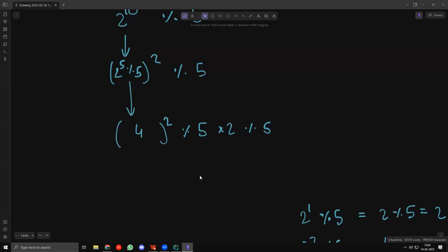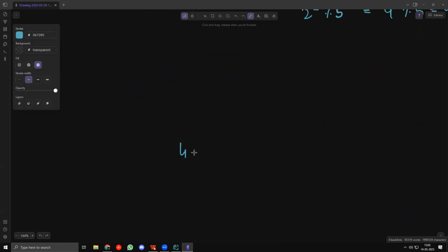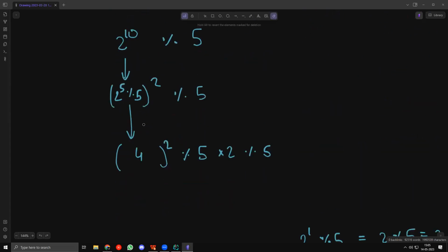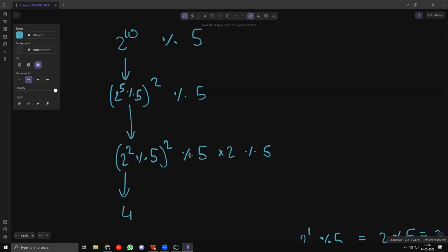So basically we know that 2 to the power of 5 is 2 to the power of 2, squared, times 2, right? Sorry, could you repeat that? We have divided it: 2 to the power of 5 is 2 squared, times 2 squared, times 2, right? Yeah.